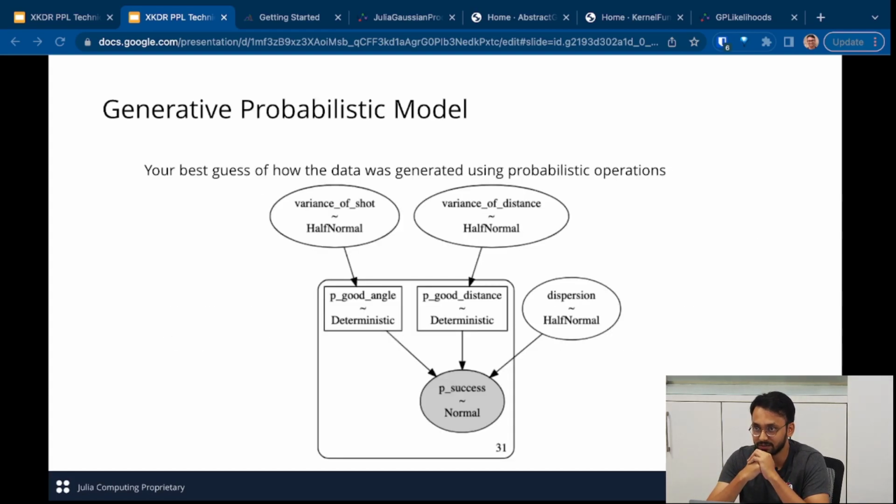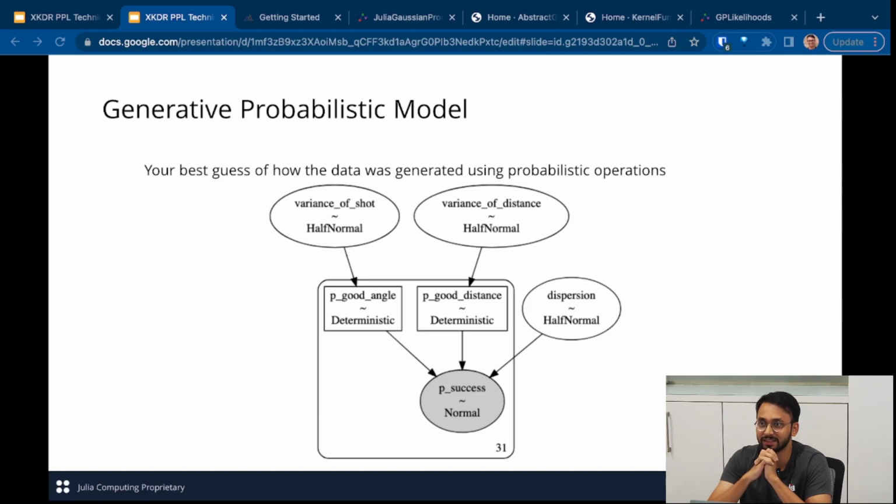So let me preface this with an example model. This is a golf model where a person's variance of shot and variance of distance are treated as random variables. So the idea in any probabilistic model is to be able to have a worldview and integrate your worldview into this sort of a graphical probabilistic model, where the different variables in your environment are treated as random variables with different distributions as their priors.